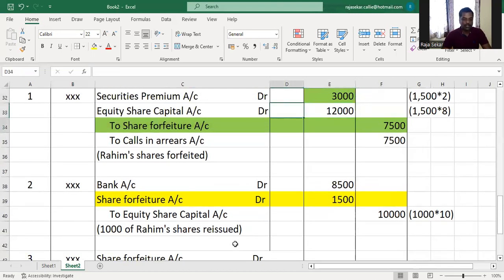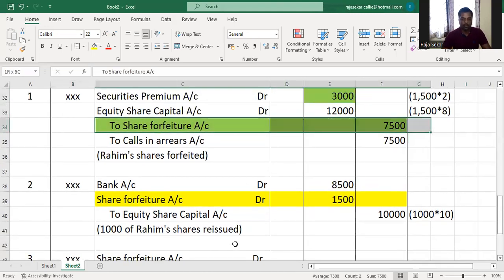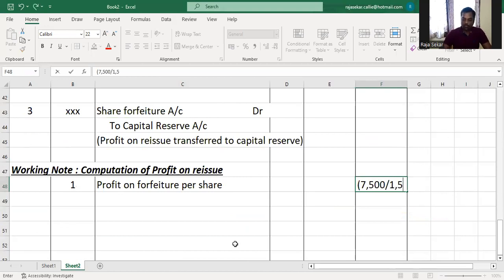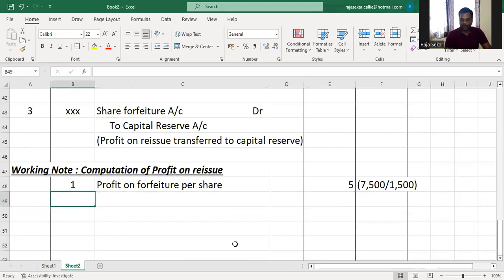The amount credited to share forfeiture account on forfeiture is the profit on forfeiture. The total profit on forfeiture is 7,500. That 7,500 will be divided by the total number of shares forfeited in order to find the profit on forfeiture per share. So 7,500 divided by 1,500 gives you 5 rupees per share as the profit on forfeiture.